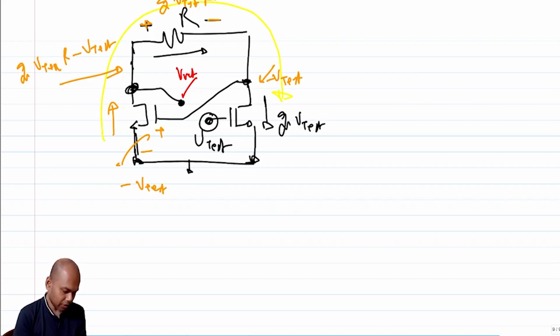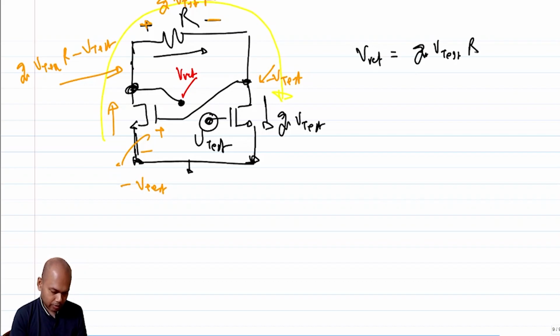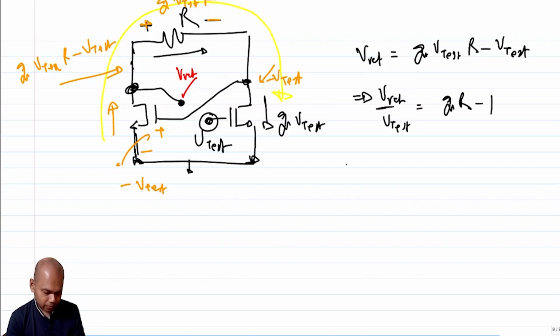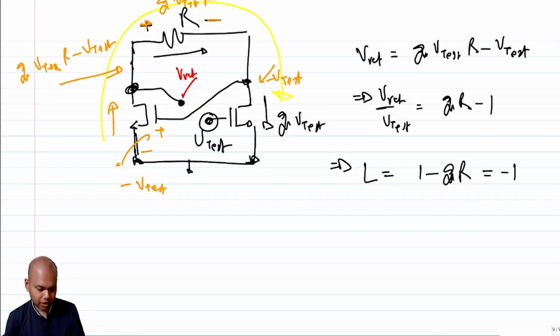Okay. So our return voltage is this, basically Gm times V test times R minus V test, which means that my V return over V test is equal to Gm times R minus 1, which means my loop gain, which is negative of V return by V test, is 1 minus GmR, and this has to be equal to minus 1, right?